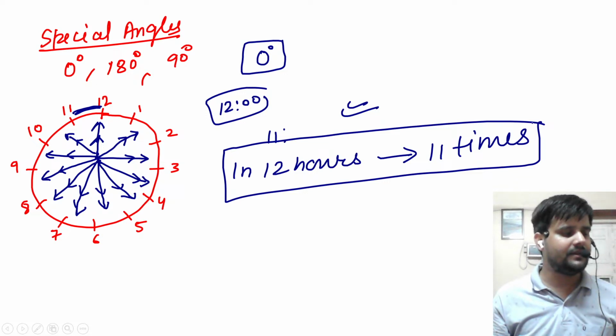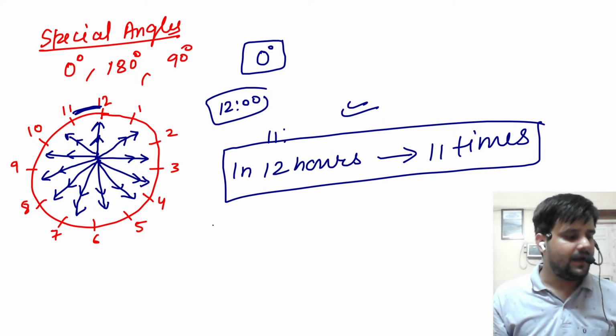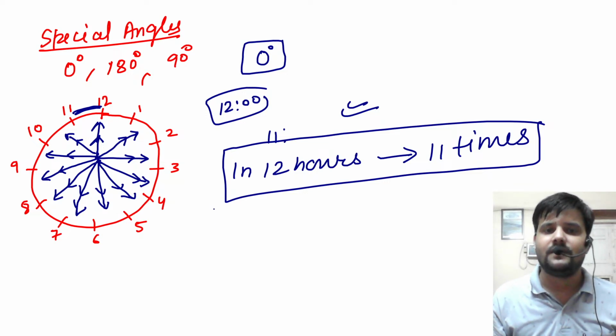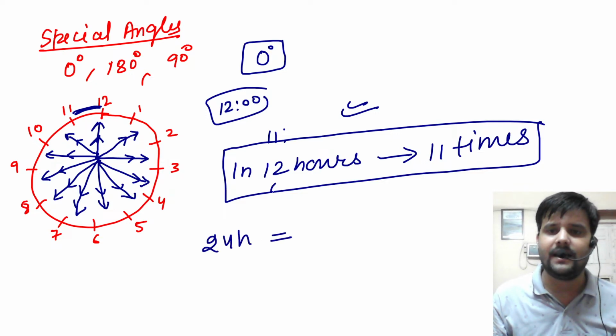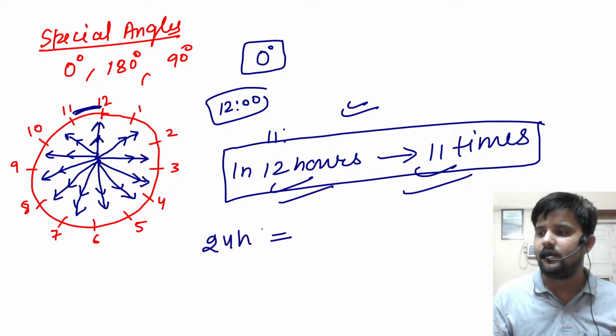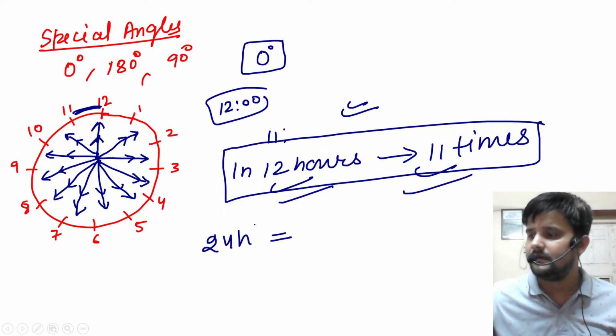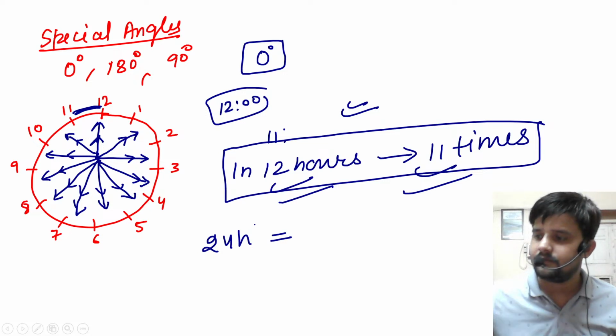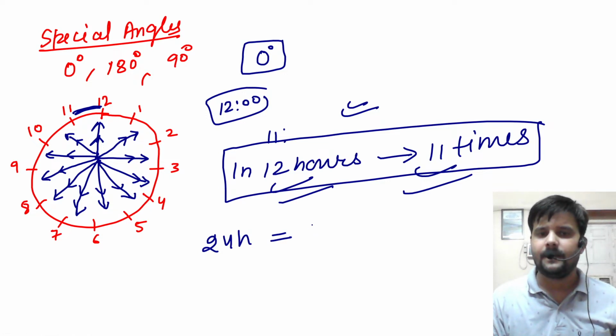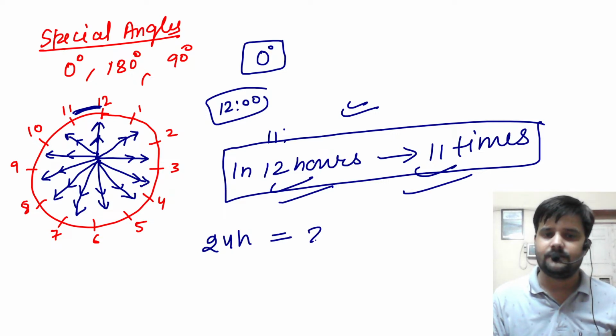So if they ask you how many times the minute and hour hands of the clock meet in 24 hours, your answer would be: in 12 hours it is 11 times, so it would be 22 times.